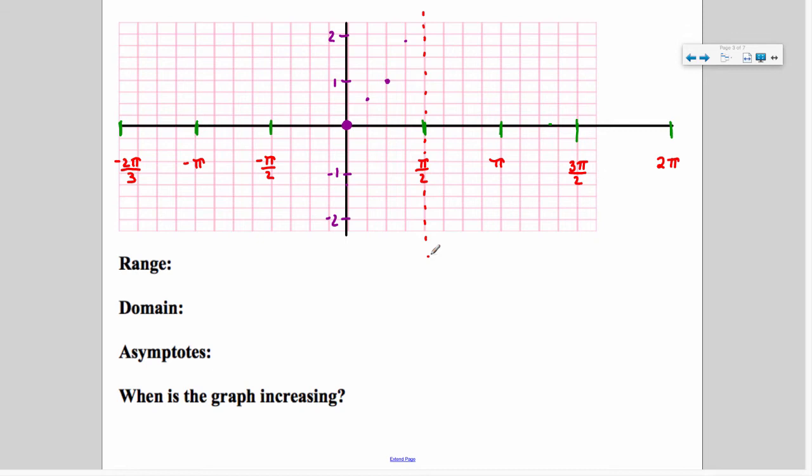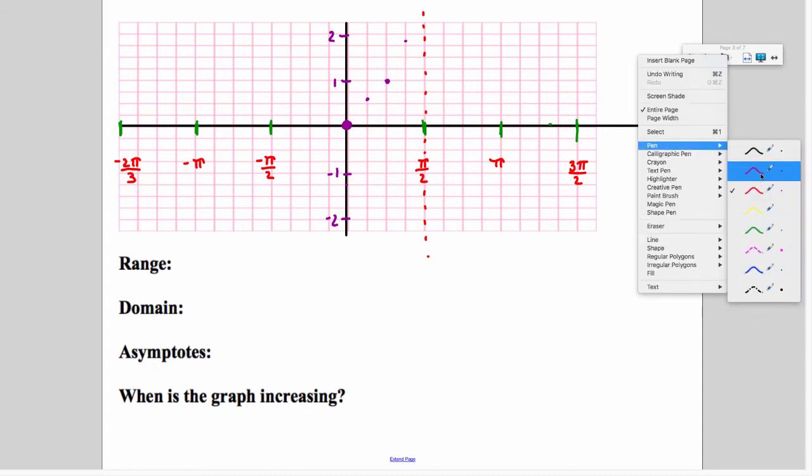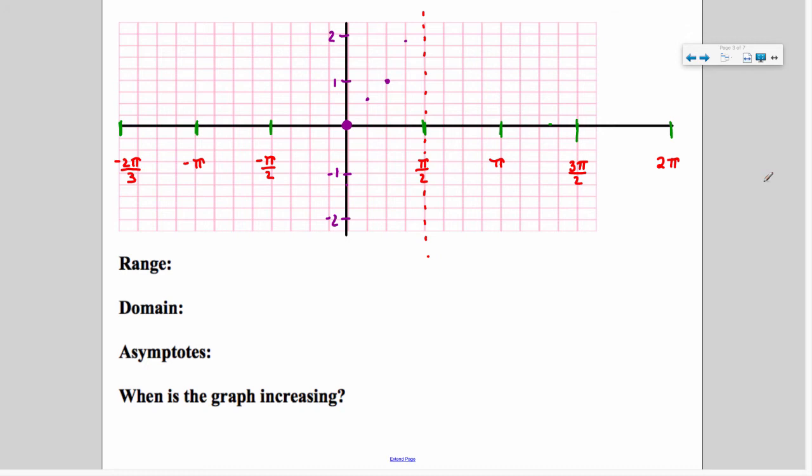Leaning on a little bit of your trig knowledge, you know this is symmetrical. So when we walk back into the fourth quadrant, into the negative angles, and you look at your unit circle, you'll notice that it's very symmetrical and the values just repeat. So at negative pi over 6, it will be negative 0.577, somewhere over here.